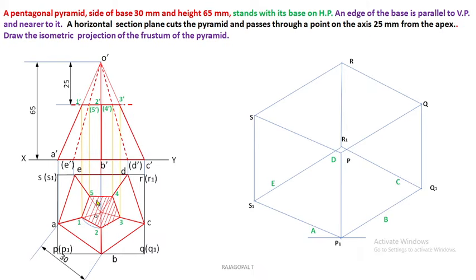For that we can draw reference lines for 4 and 5, similarly for 1 and 3, and similarly for 2. For 4 and 5 you can draw a line parallel to R1 S1, and make it a line called T.